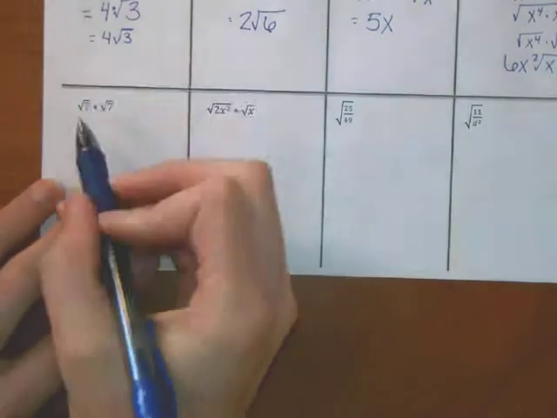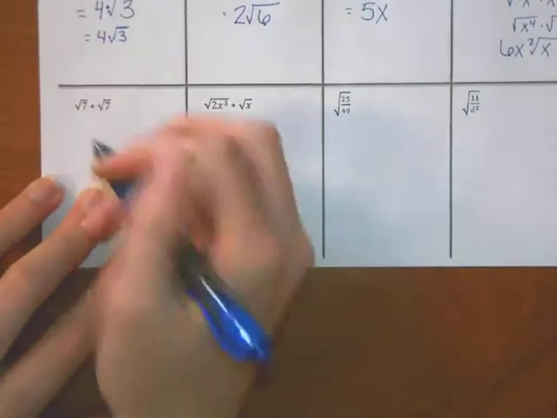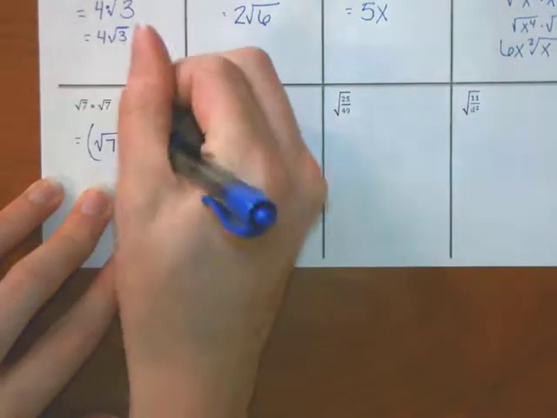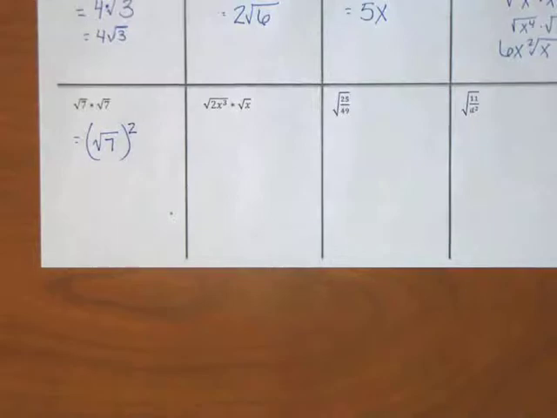So think of this. I'm multiplying square root of 7 times itself. So just like Allison said, this is the square root of 7 squared. And just like before, square roots and squares undo each other. So taking the square root of something squared, or squaring something that's under a square root, they get rid of each other.